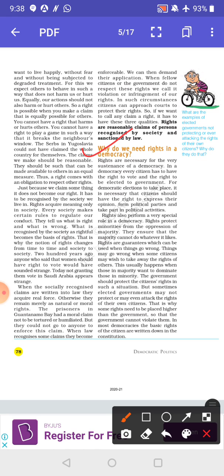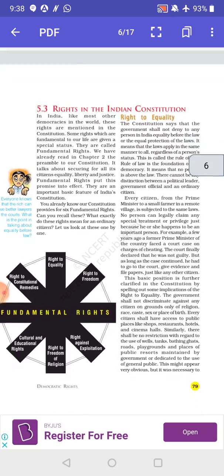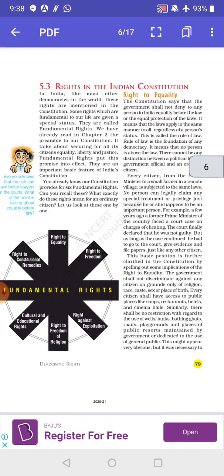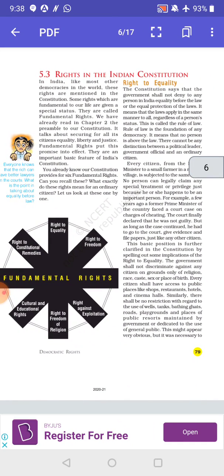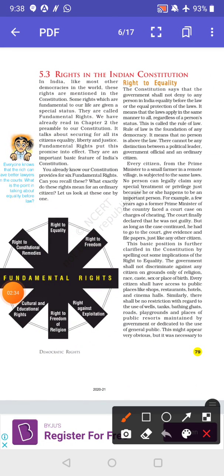Now in the next topic we'll see what rights are offered by the Indian constitution.